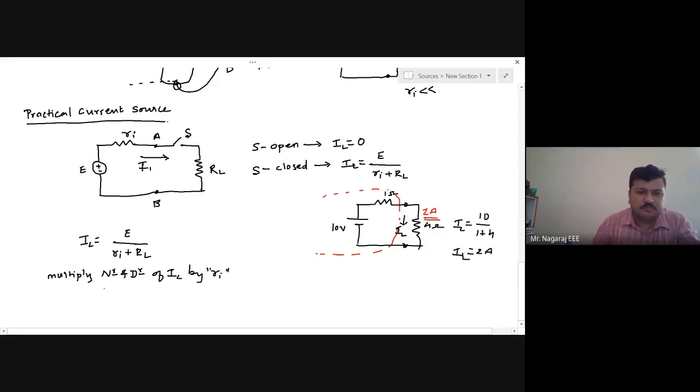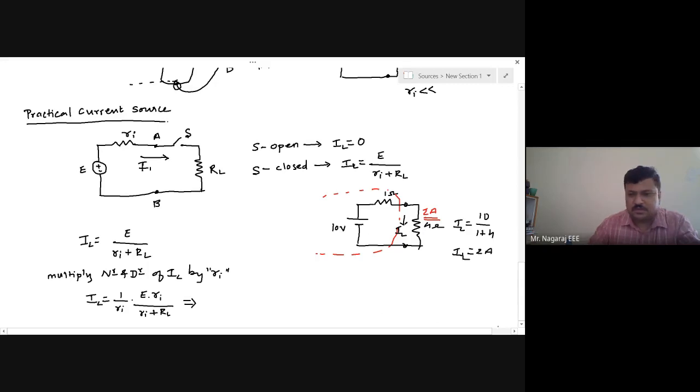So what I get here, IL is equal to 1 over Ri into E into Ri divided by Ri plus RL.